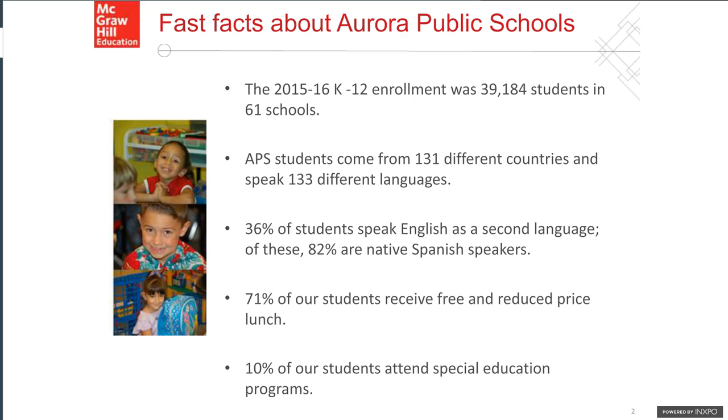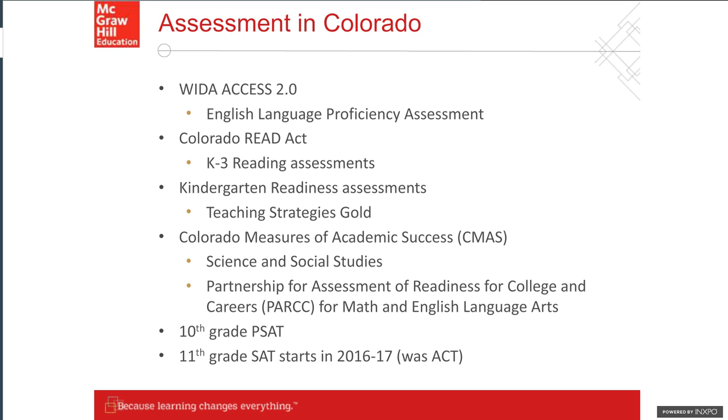Our students come from 131 different countries and speak 133 different languages. So as you can imagine, we have a lot of English language learners here in our schools. 36% of those students speak English as a second language. 71% of our students receive free and reduced price lunch, and 10% of our students attend special education programs.